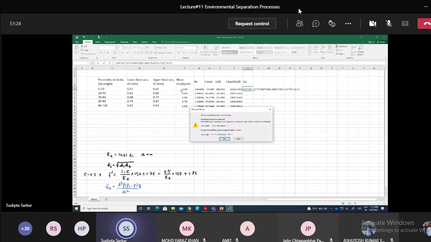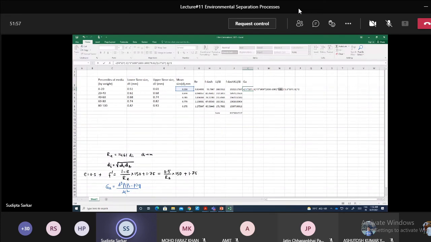All right, there is an error in the formula. Let me rewrite it: d cubed into 1000 into 1000 minus 2650 times 9.81 divided by 1.3 squared. I think I'm doing it correctly.